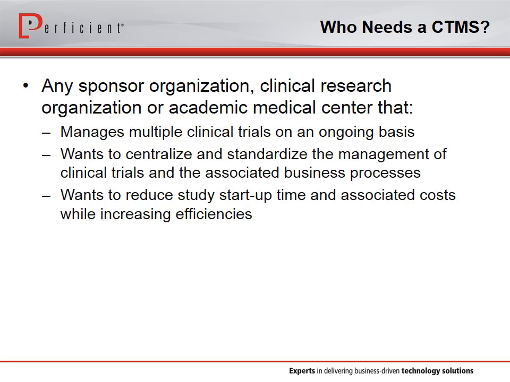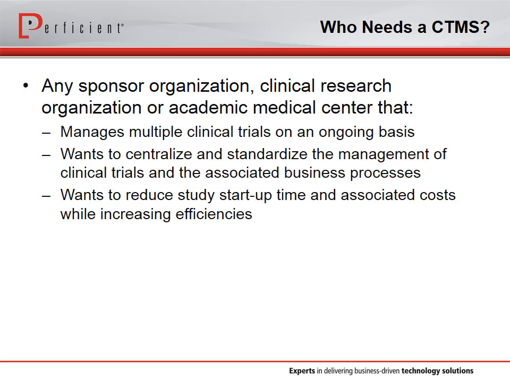So organizations that are in that situation often use several tracking tools to keep themselves organized, whether that's paper logs or spreadsheets for things like contact names and addresses, patient visits, payments, investigational products, supplies, and even monitoring visits. Tracking this information in a variety of different places causes extra work and creates room for error.